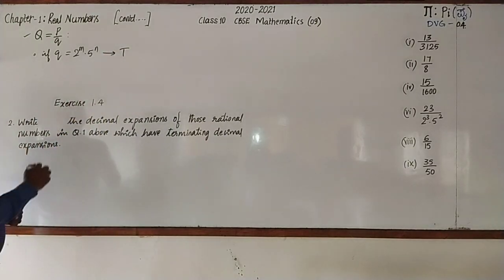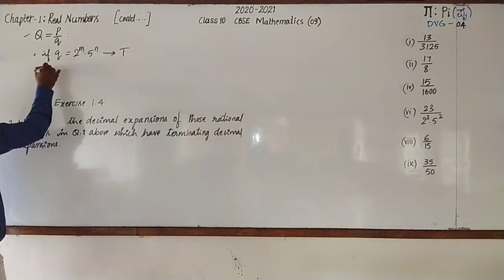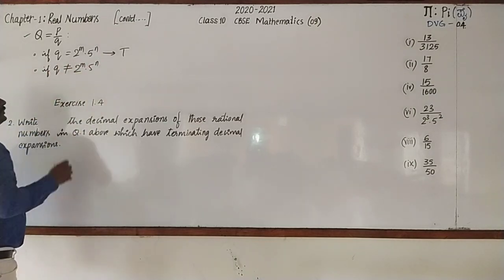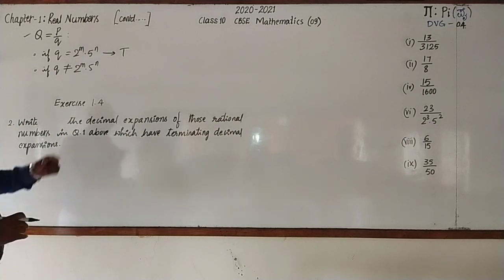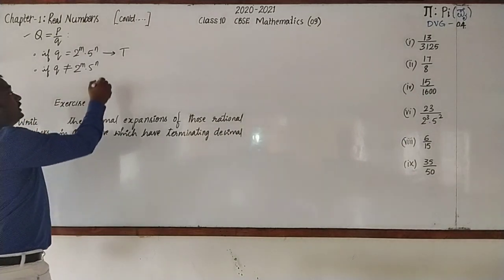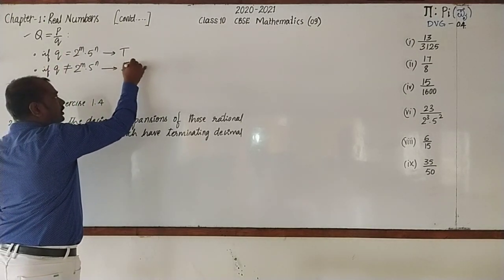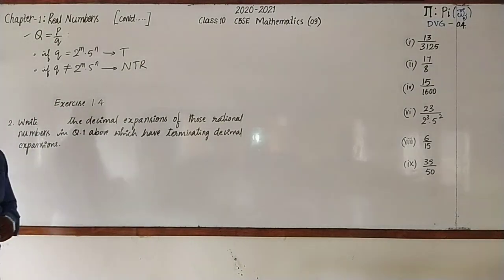Clear? Next, another important point. If q is not of the form 2 raised to the power m into 5 raised to the power n, where m and n are non-negative integers, then the decimal expansion of that number is non-terminating recurring.